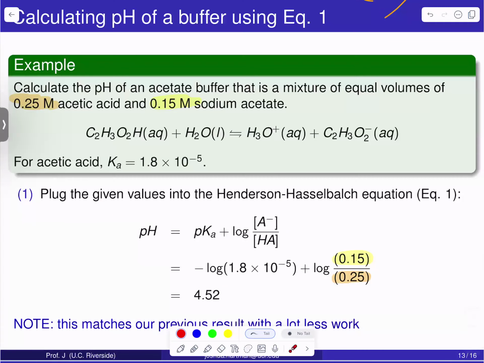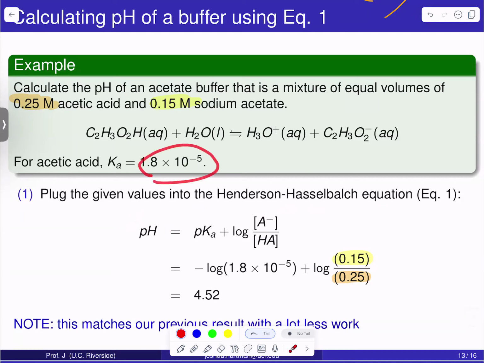All right, so to see how handy the Henderson-Hasselbalch equation can be, let's consider an example going back to our acetate buffer solution involving a 0.25 molar acetic acid and 0.15 molar sodium acetate. So in this equation, your first step is going to be to plug in the given values into the Henderson-Hasselbalch equation. So we're going to take pH equals pKa plus log of this ratio.